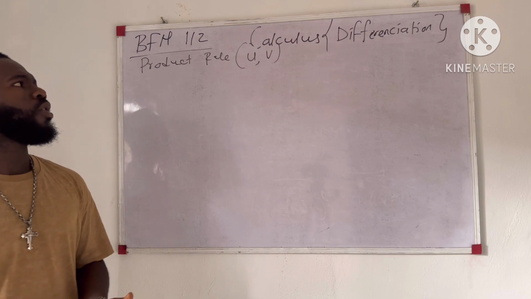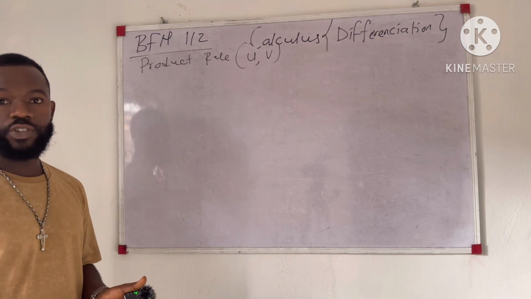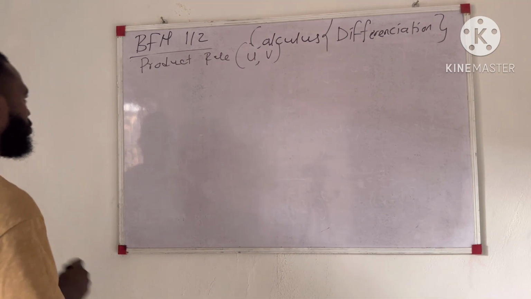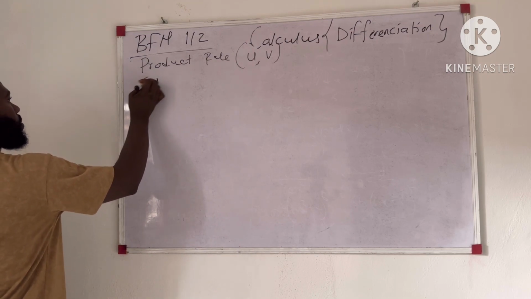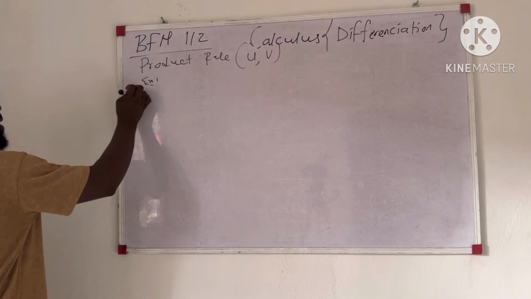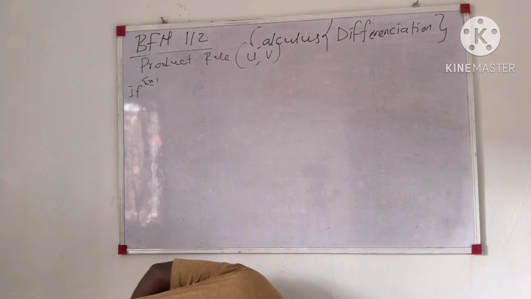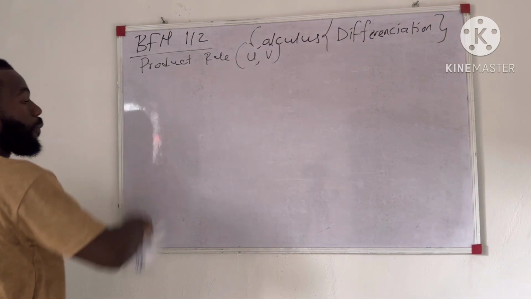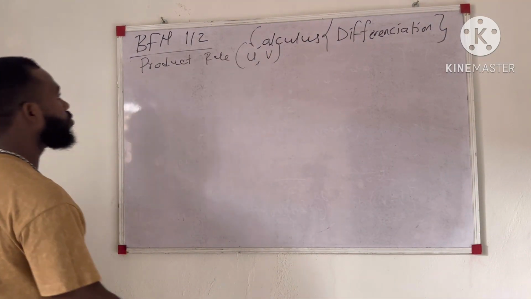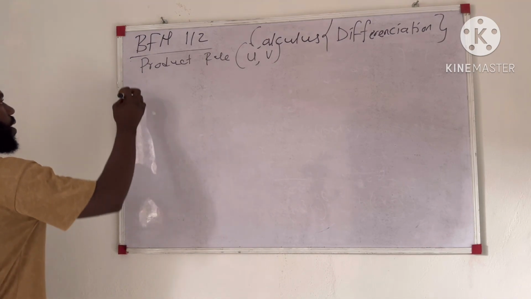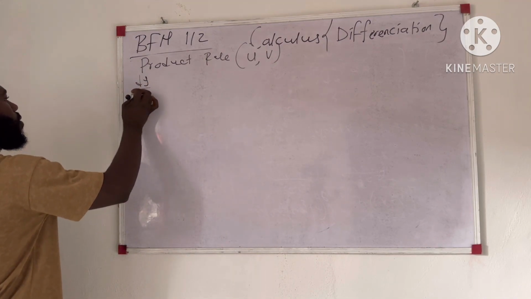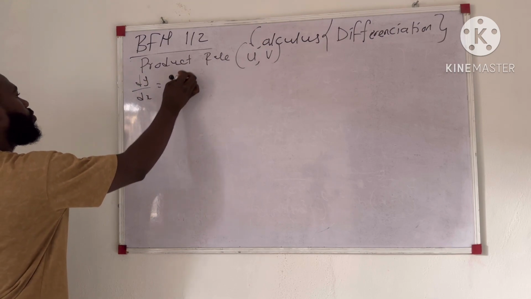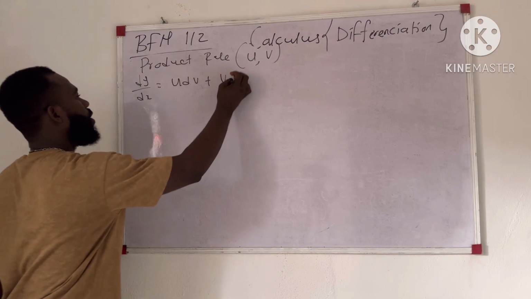We'll be looking at two examples. But I have to give you first the formula before we proceed with the example. The product rule also has its formula, and the formula is dy over dx is equal to u dv plus v du.